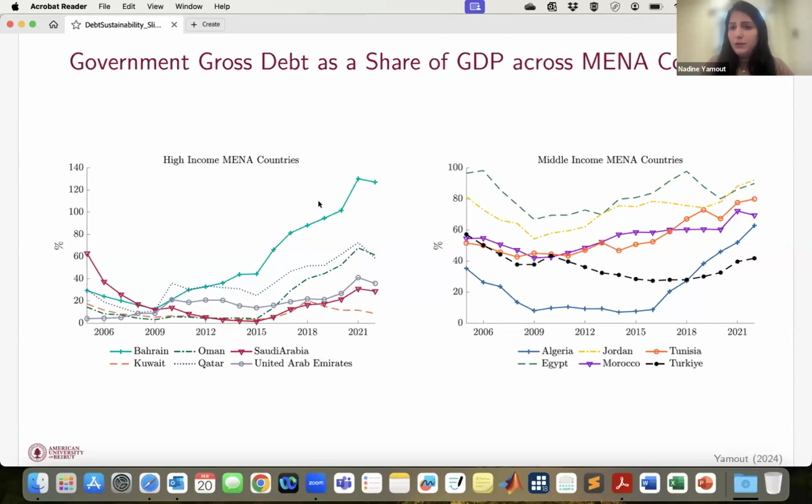But high-income MENA countries like oil exporters have also faced shocks, specifically to oil prices starting 2014. When oil prices fell, their fiscal balances worsened, and this revealed that they have been struggling with issues of debt due to the fall in oil revenues.